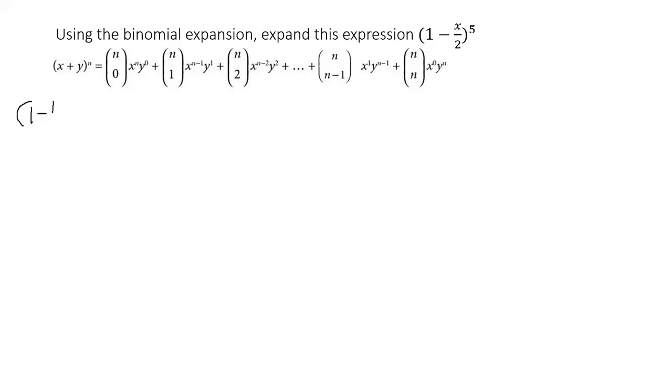1 minus a half x. Okay, I'm going to write it down like this, power 5.